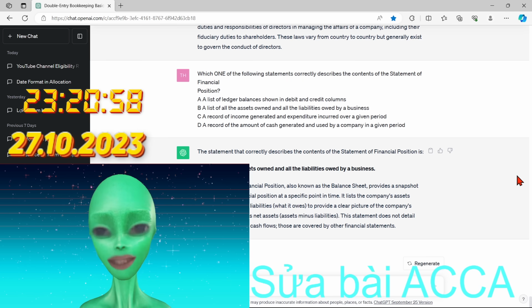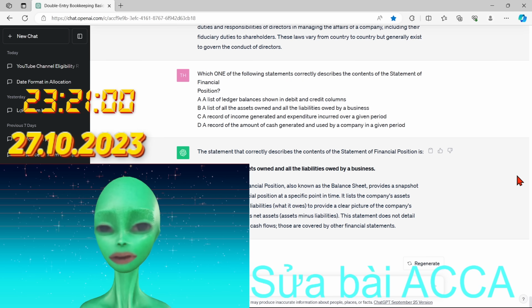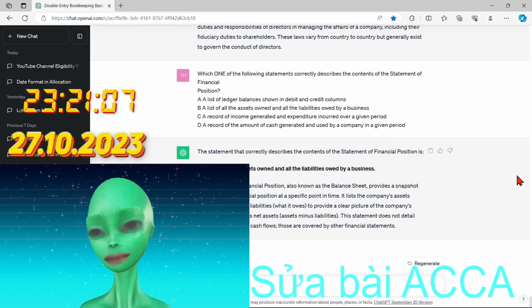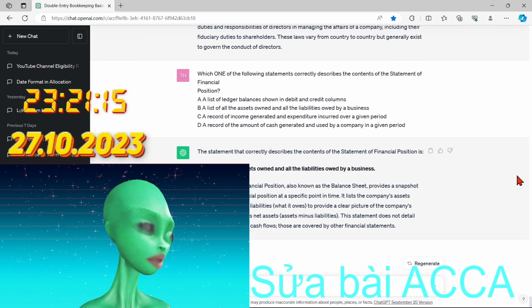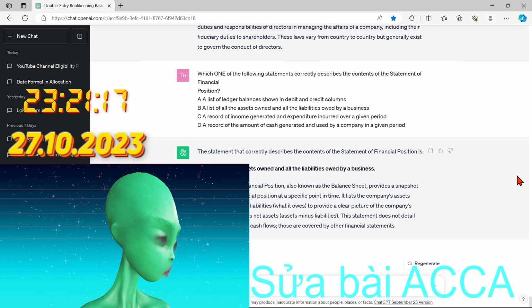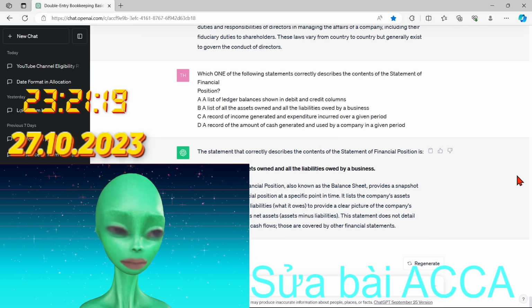It provides a clear picture of the company's financial health and its net assets, assets minus liabilities. This statement does not detail income, expenses, or cash flows. Those are covered by other financial statements.